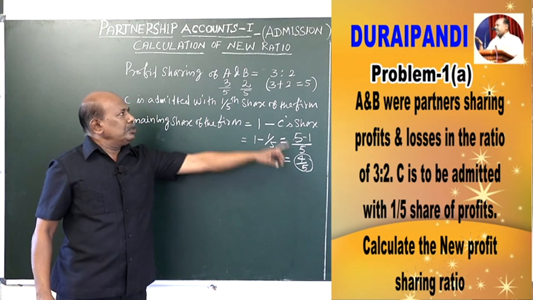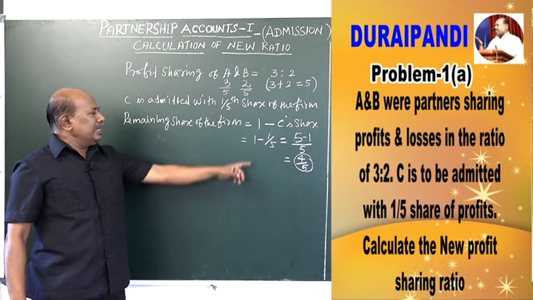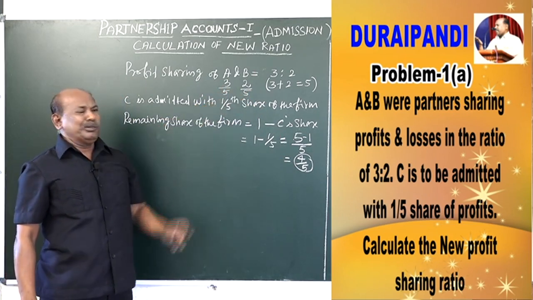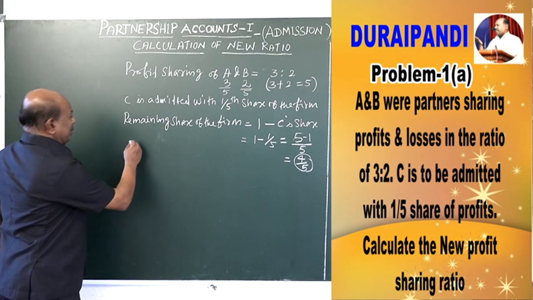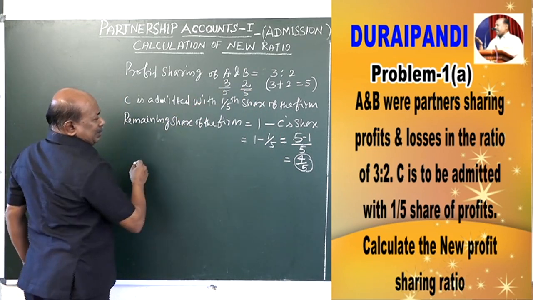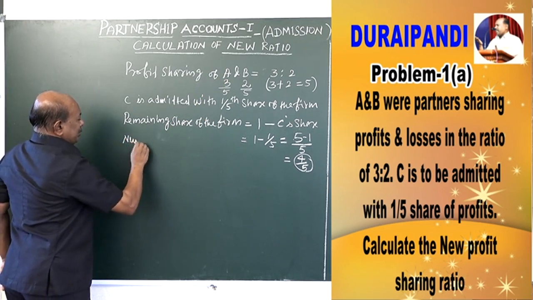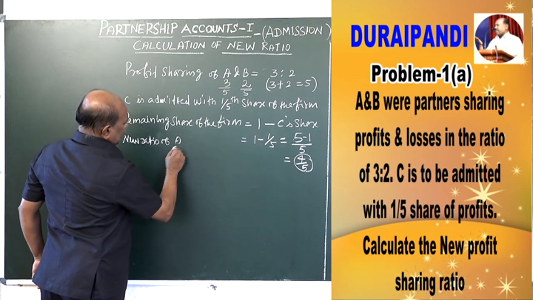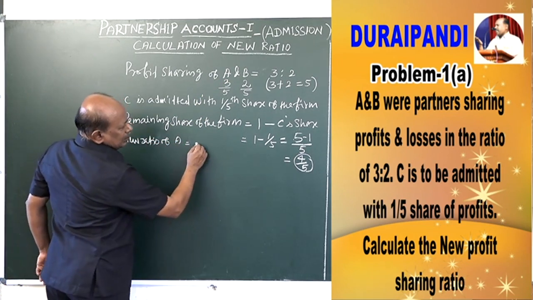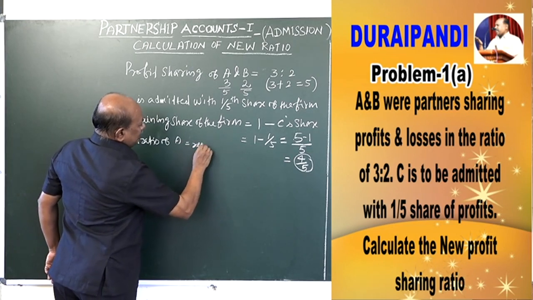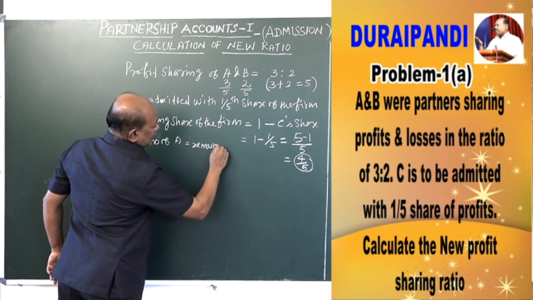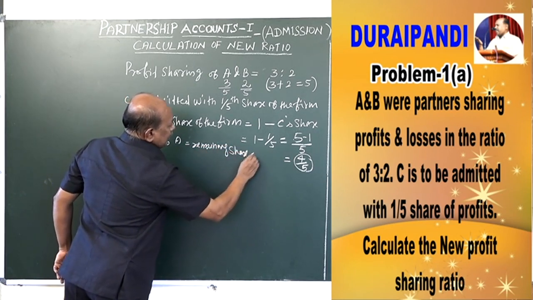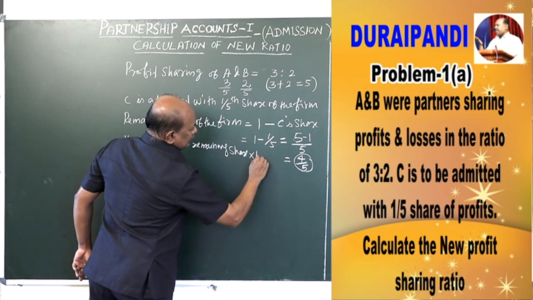This 4/5 should be shared by A and B in their respective ratio, that means 3 by 5 and 2 by 5. Now we have to calculate the new ratio of A as well as B. New ratio of A is equal to remaining share into his share.